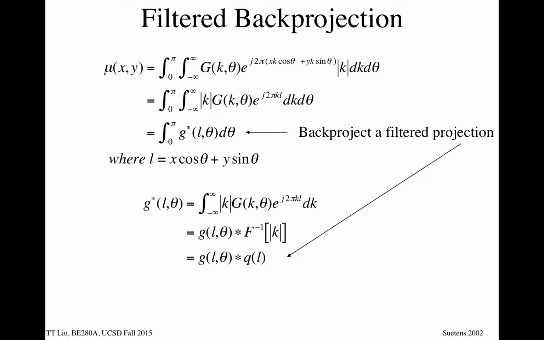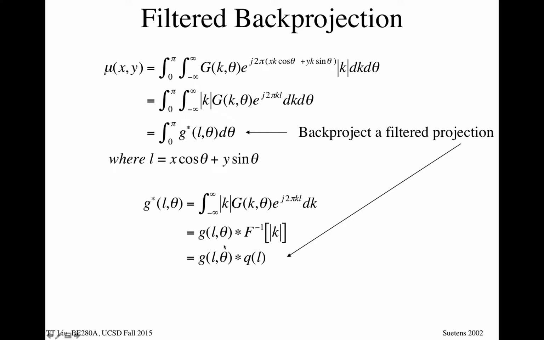So we need to modify these before we back project them. We convolve them with the inverse Fourier transform of a ramp and then back project them, and that will give you the exact image. If everything's noise free and you have enough samples, you'll get mu xy exactly.